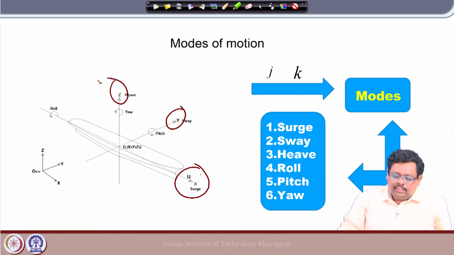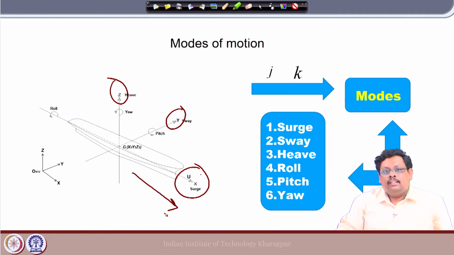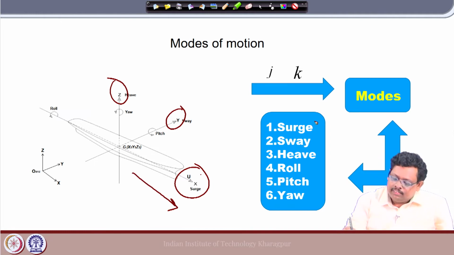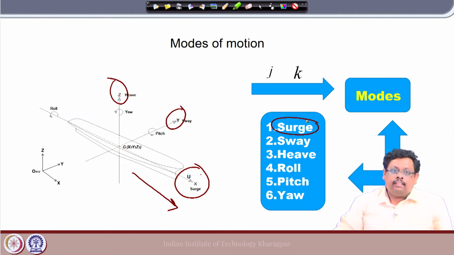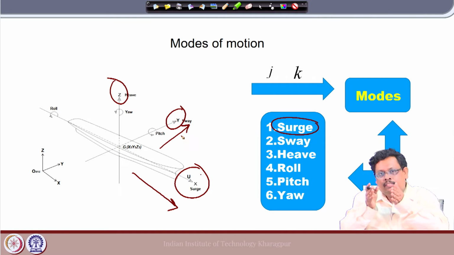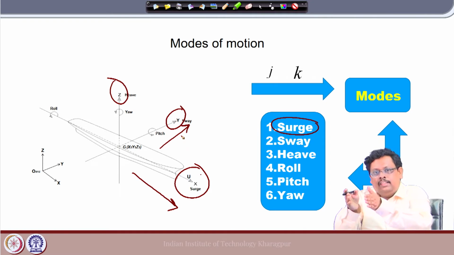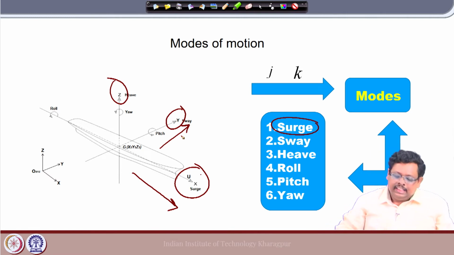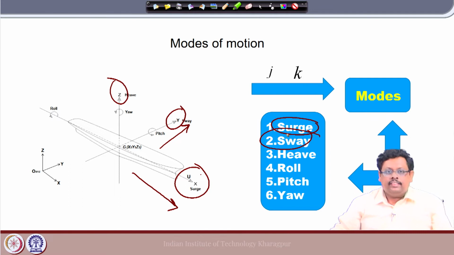Now, a ship can move steadily forward, and this is my mode 1, which is called the surge. The ship also can slowly go in the direction of y. You can see that the ship is moving forward, but at the same time is slowly moving sideways. In that case it is the second mode, which is called the sway.